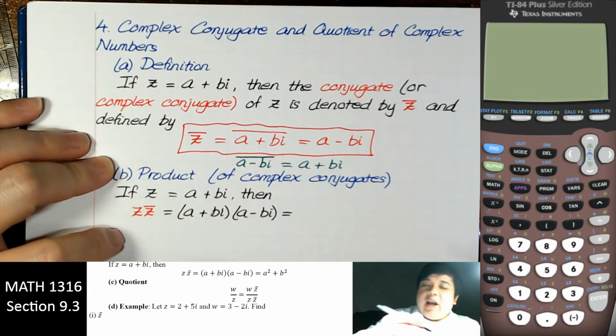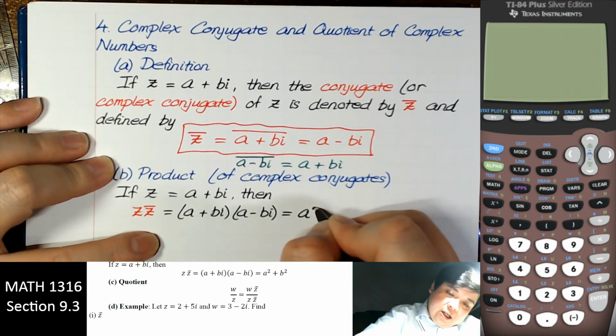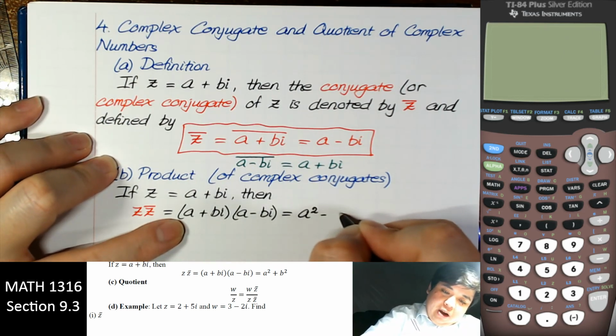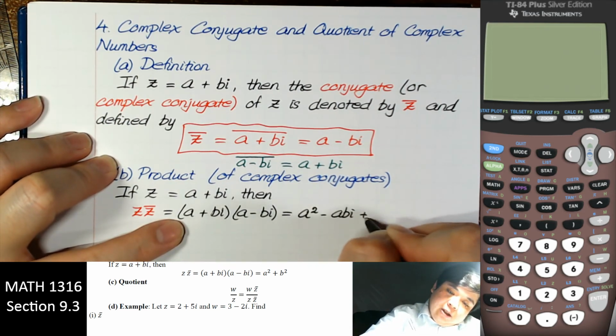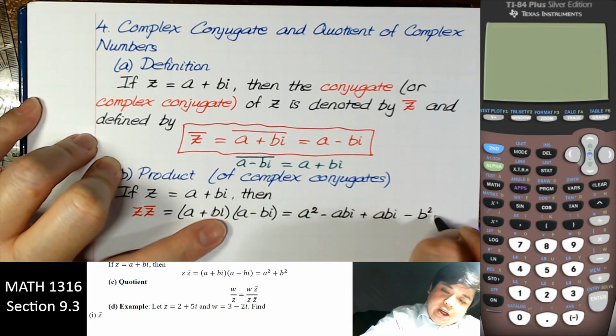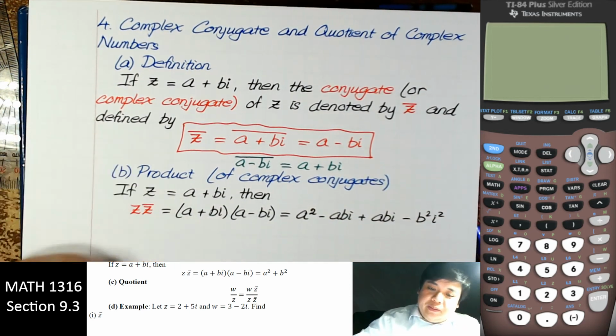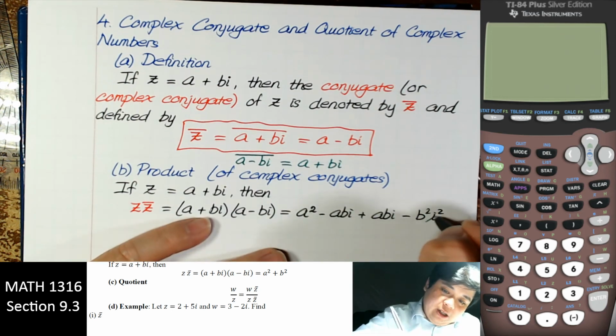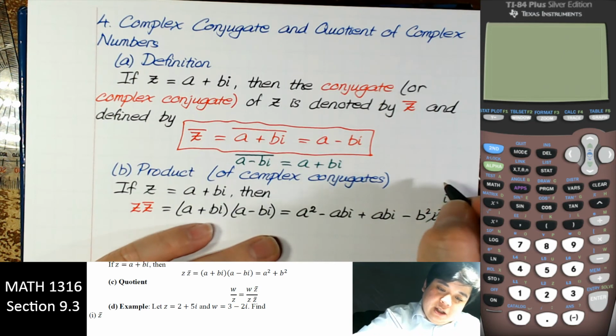we'll just multiply it out. a squared minus abi plus abi minus b squared i squared. i squared is equal to -1.